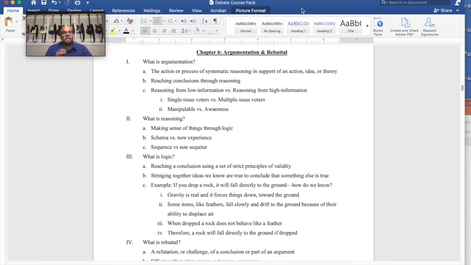Now, hear me on this. That doesn't mean that that person is dumb or doesn't have access to information. It just means that they're making a decision based on a very small, relatively speaking, slice.